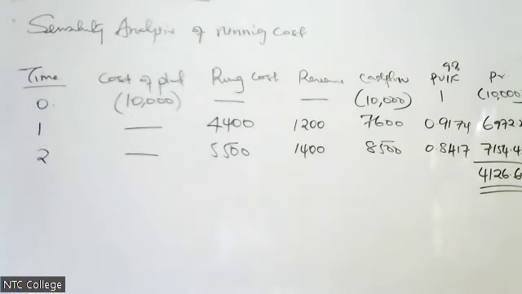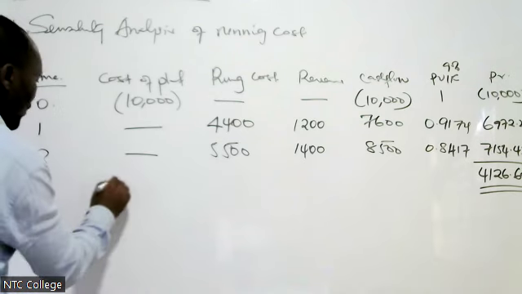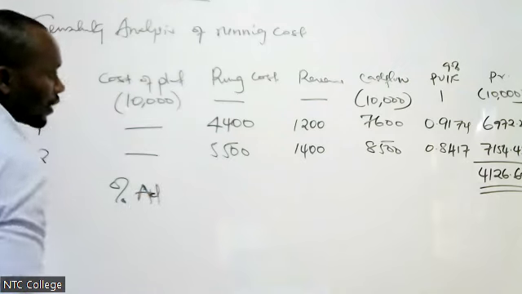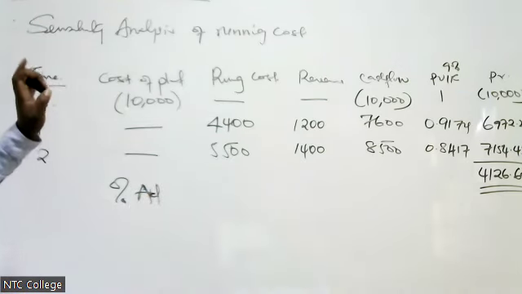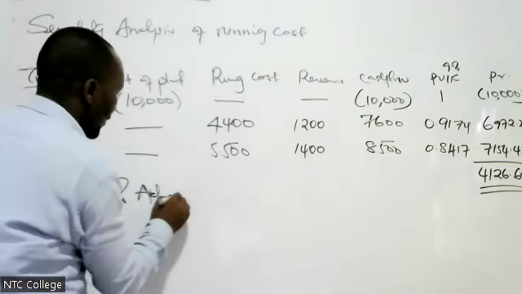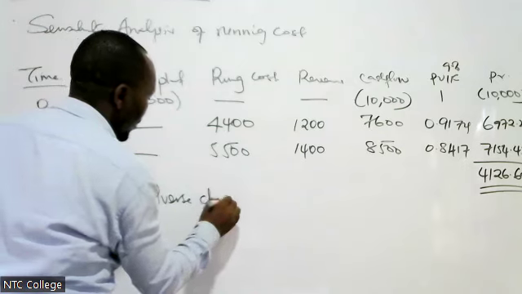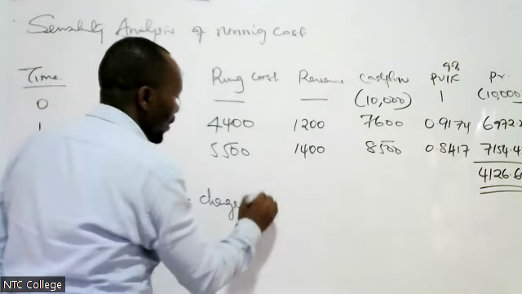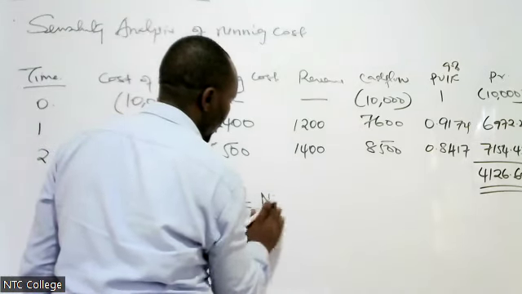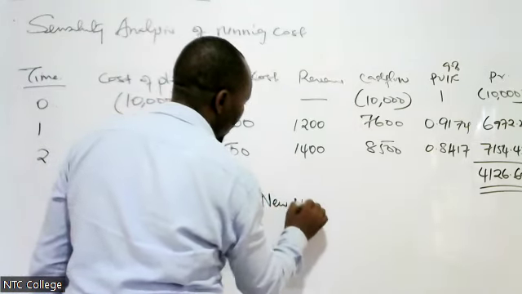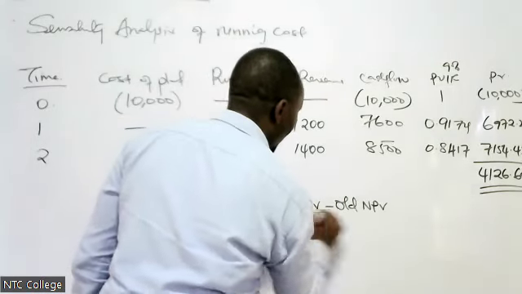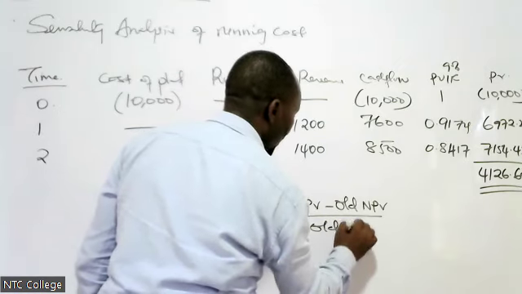Right? So what is the percentage variation, percentage change? Is it advanced? The original one was 49, but this one is 41, so it is adverse. Adverse change is equal to new NPV minus old NPV over old NPV.